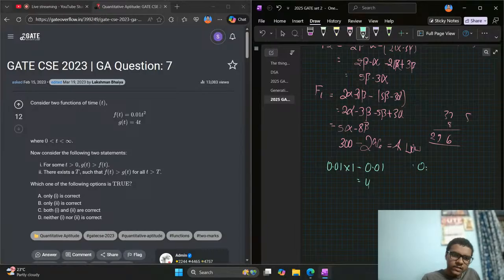It is an increasing function when, for some t greater than 0, g of t is greater than f of t. That's correct. There exists a t such that f of t is greater than g of t for all t greater than T. What is capital T here?